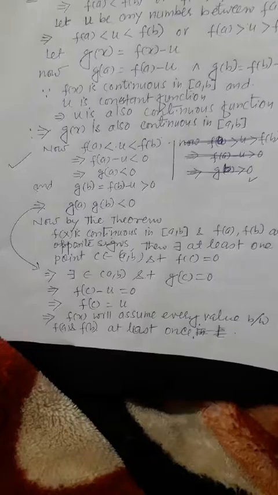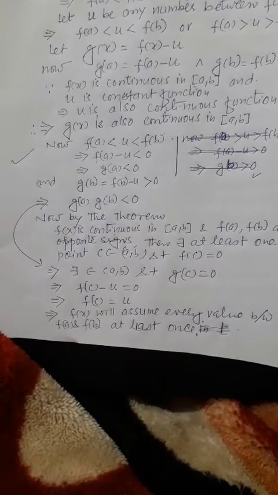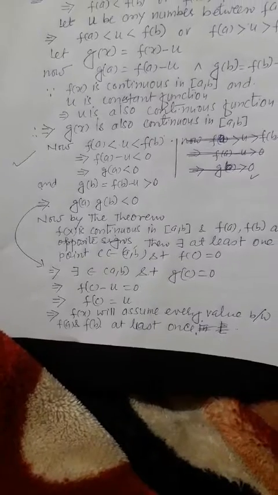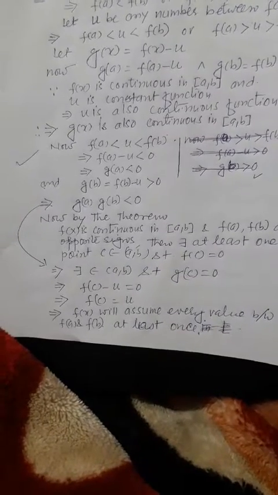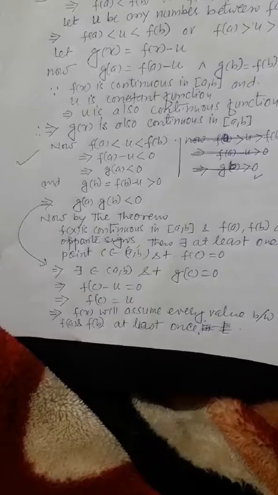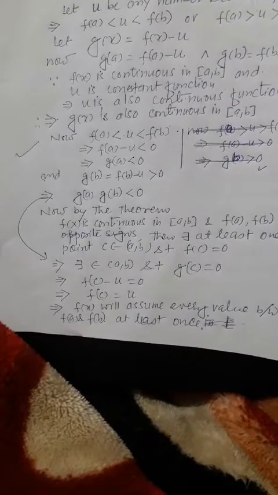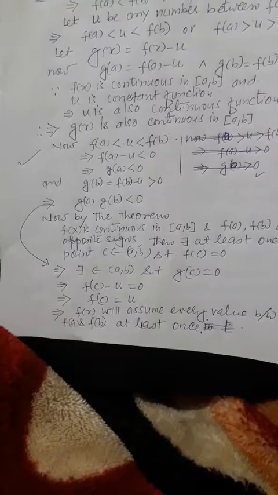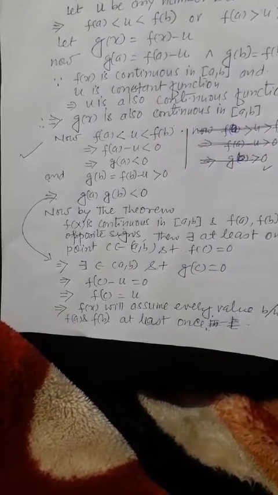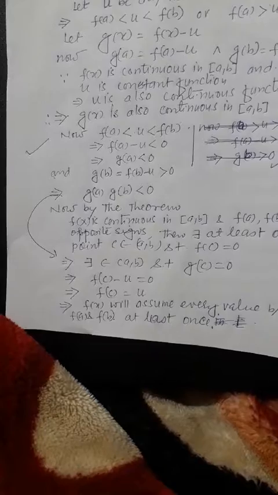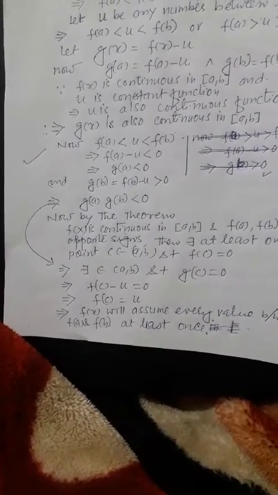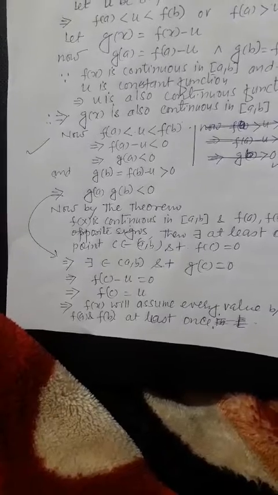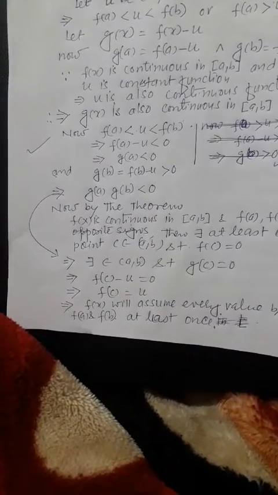Now let us consider f(a) < u < f(b). We consider first. From this inequality, f(a) - u < 0. So f(a) - u is nothing more than g(a). So g(a) < 0.